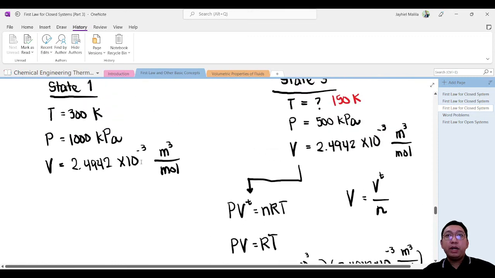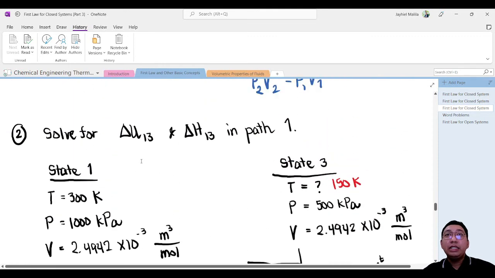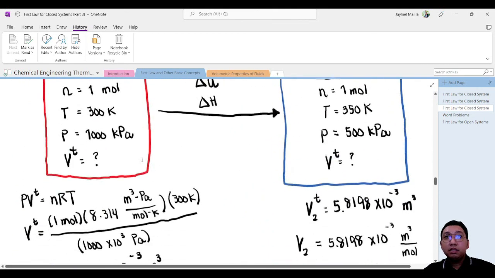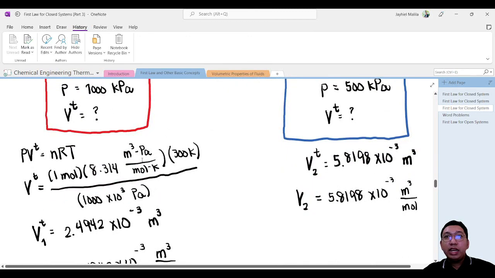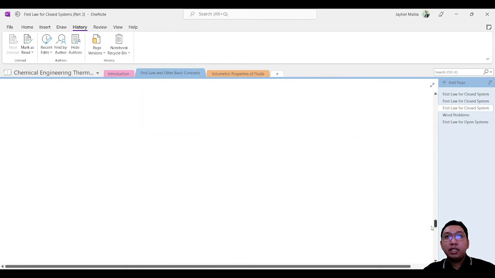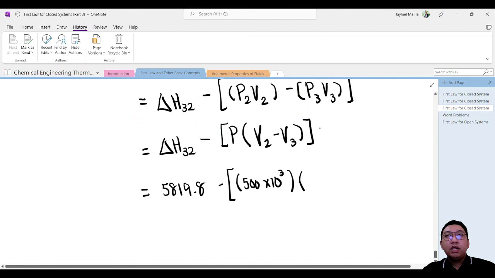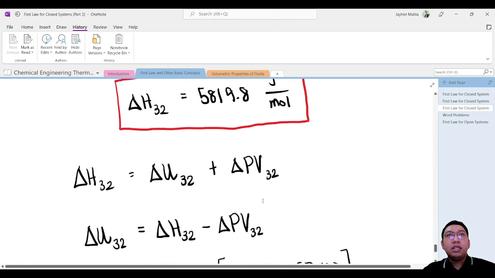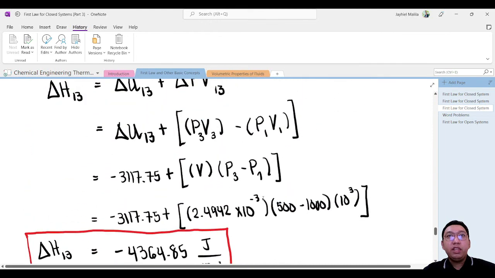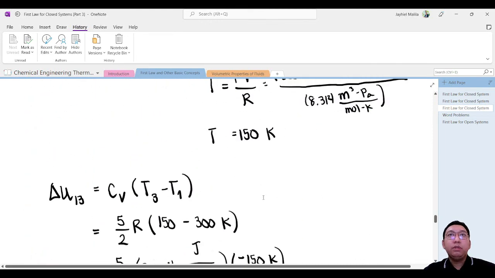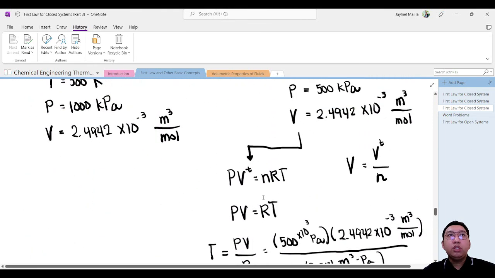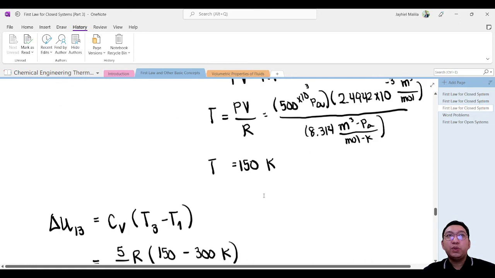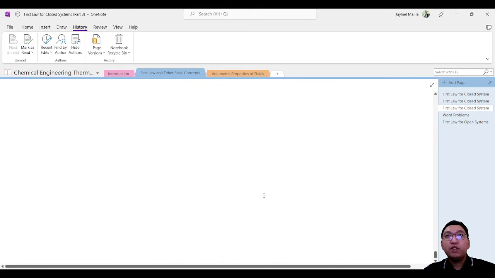I don't like this part because the molar volumes are not so good looking. 5.8198 times 10 to the negative 3 minus, make sure that you properly encode everything in the calculator, 2.4942.